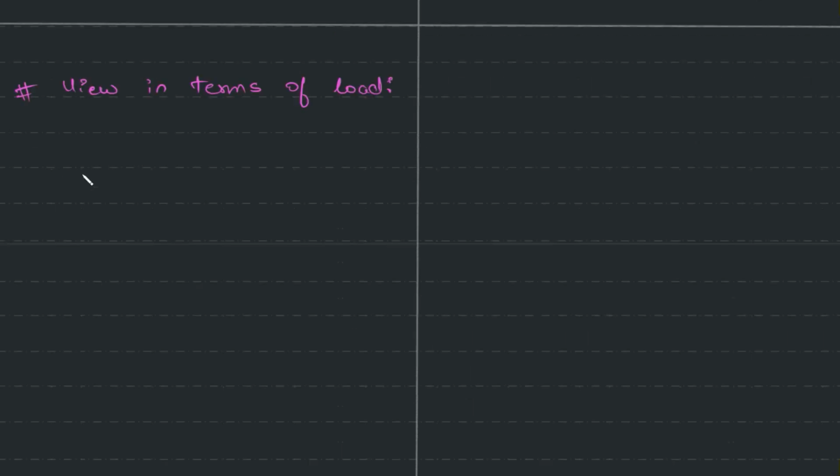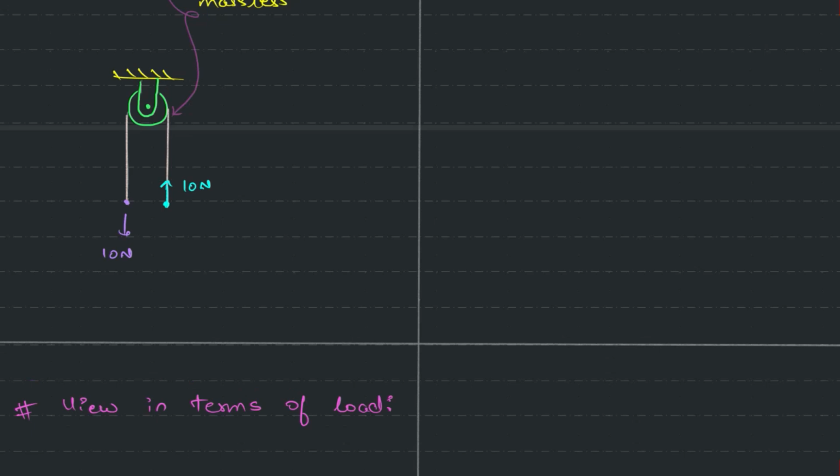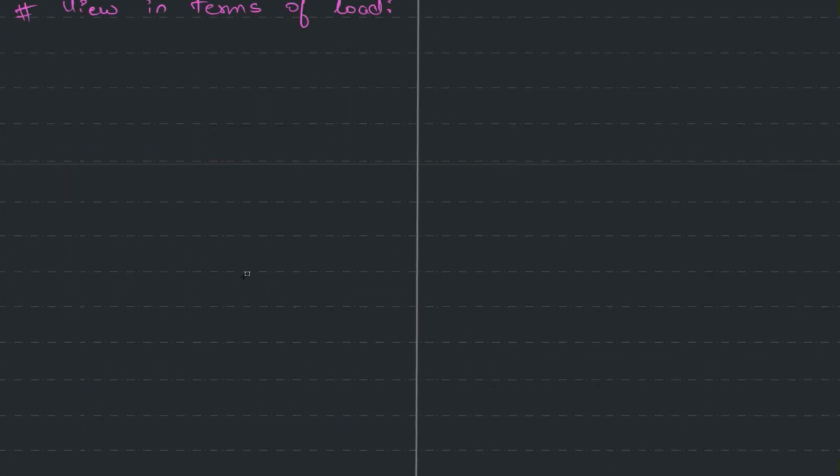A bit more interesting. Say this is before and after scenario, basically.